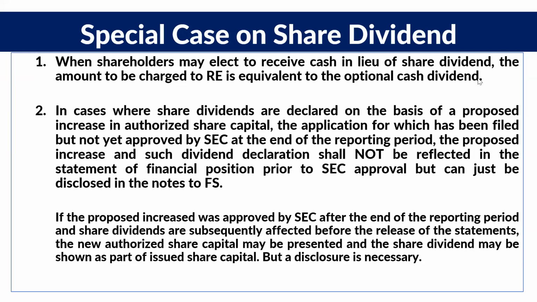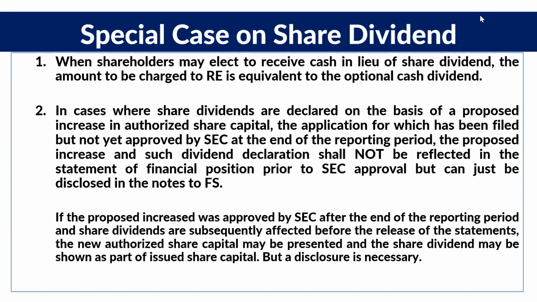So, let's say the declared dividend is share dividend, but the shareholder has the option to receive cash instead. If that is available at the option of the shareholders, then what you debit to retained earnings is the optional cash dividend.